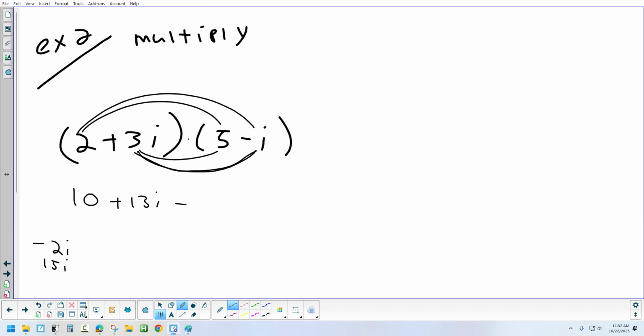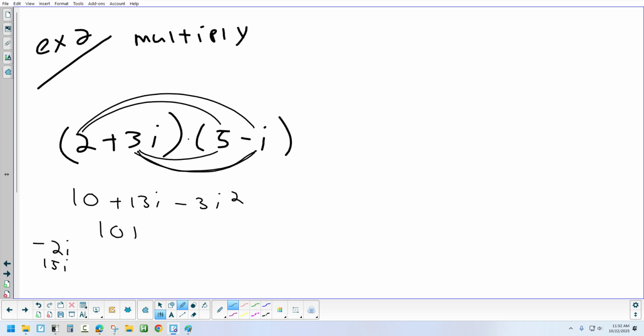I already took care of the negative. i squared. 3i times i times i is i squared, but this is 3i times i. Negative 3i squared. It's the same thing as doing 3x times negative x. That would be negative 3x squared.